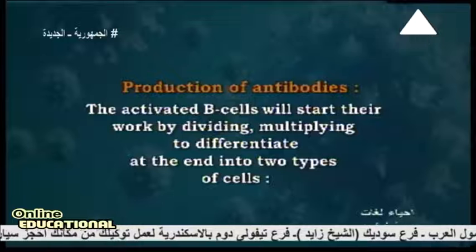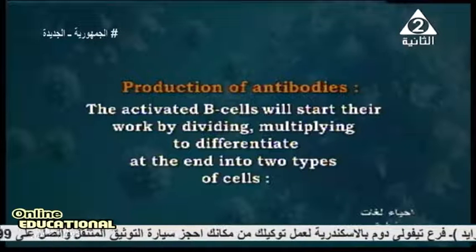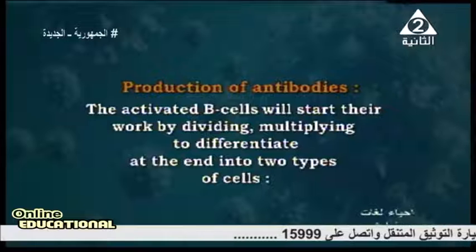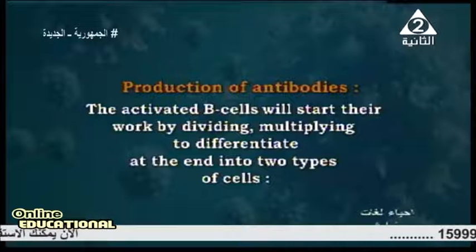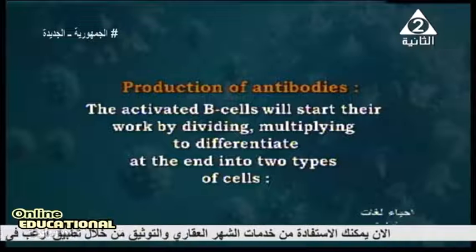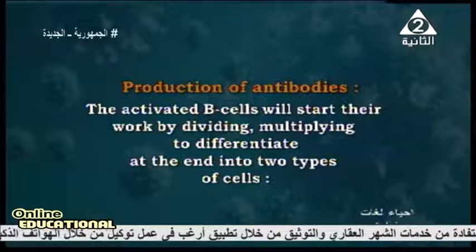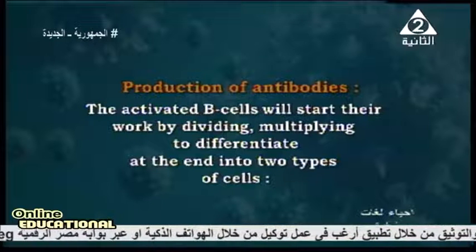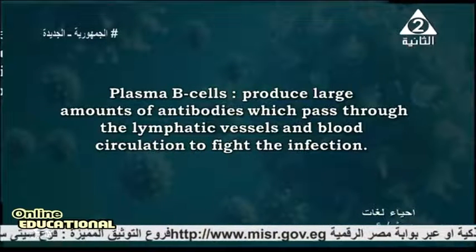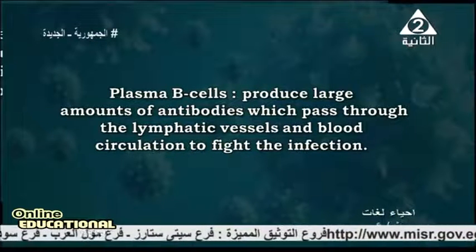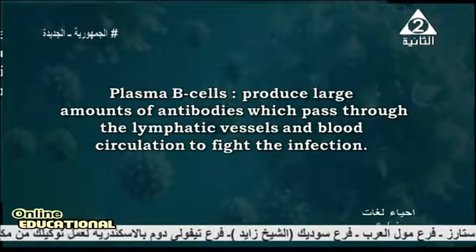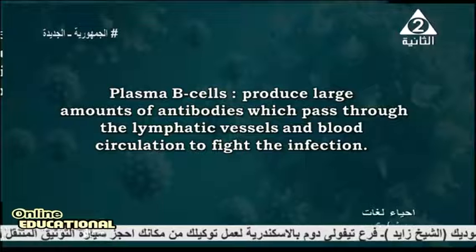The activated B cells start their work by dividing and multiplying to differentiate into two types of cells. The plasma B cell produces a large amount of antibody, which passes through the lymphatic vessels and the blood circulation to fight the infection.